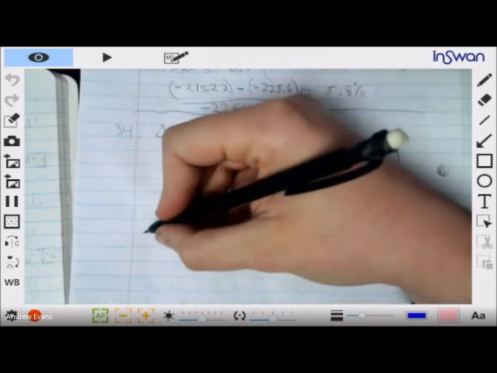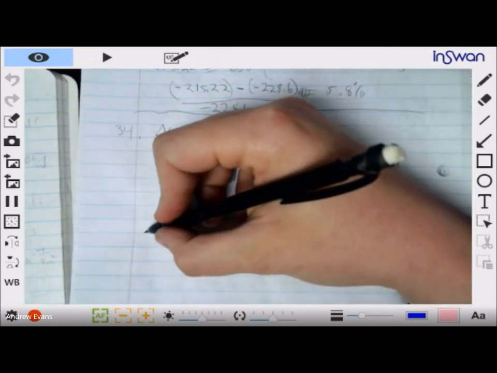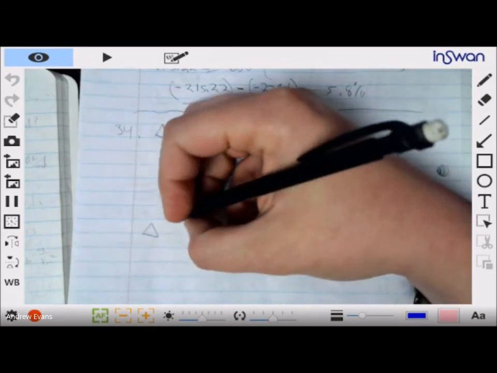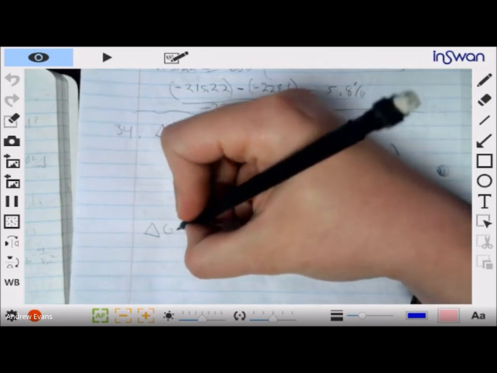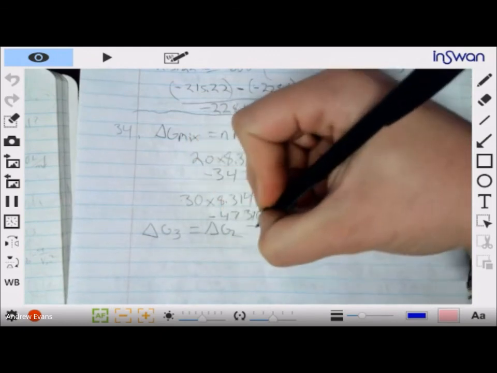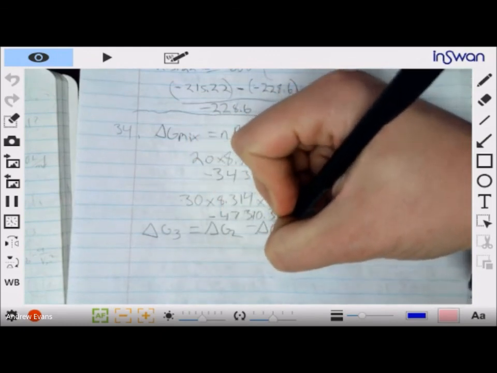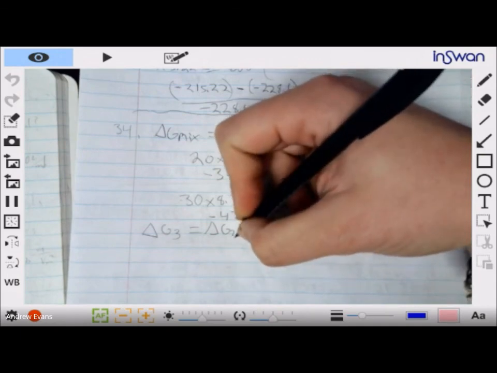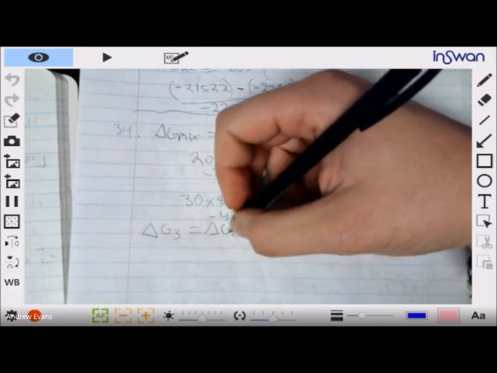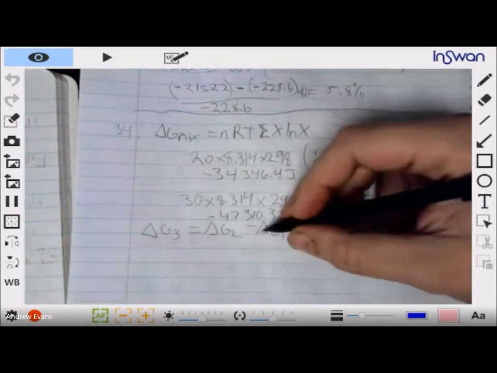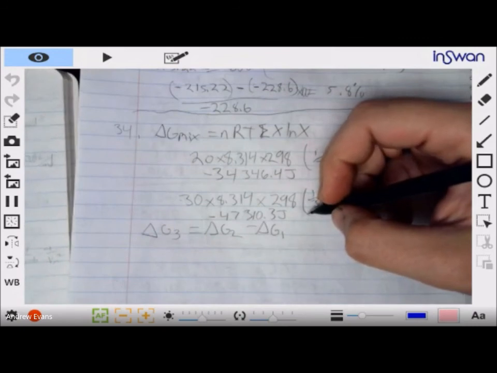Fortunately, we have the fact that Gibbs is a state function to help us. So Gibbs of situation 3 is actually going to be Gibbs of situation 2 minus Gibbs of situation 1. Because we're going from the end of situation 1 to the end of situation 2. So when we have already mixed gases and we mix in that second set of gas.